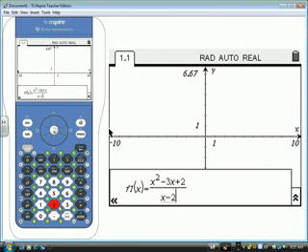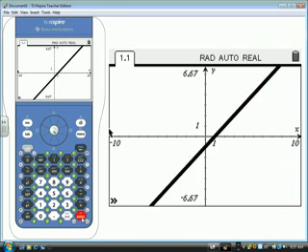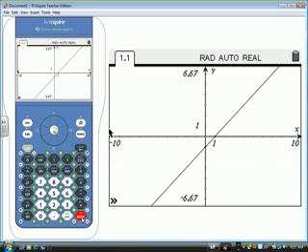All right, for y'all doing this in the 84s, you're going to press y equals, and be sure to put parentheses around the top part and the numerator and the denominator. All right, so I'm going to press enter to graph it, and surprisingly I get a line, don't I? Okay, so let's say now I want to do the table on my calculator.